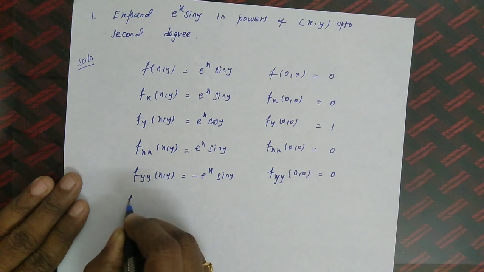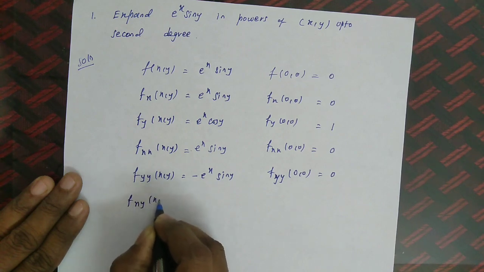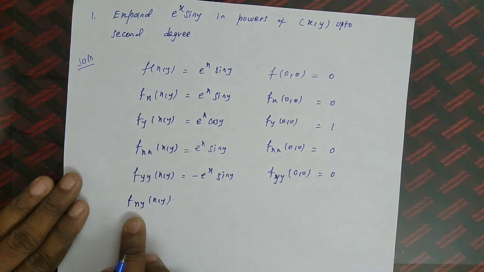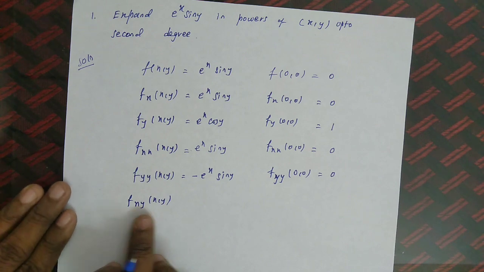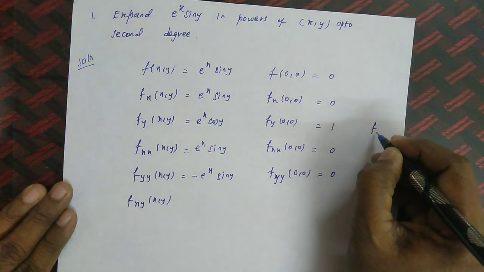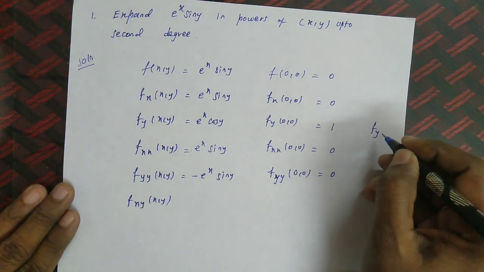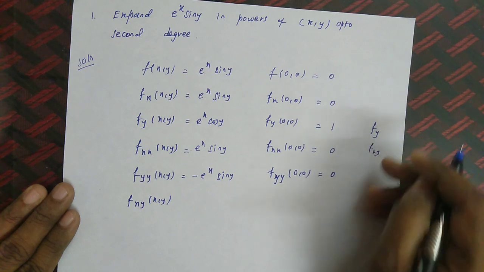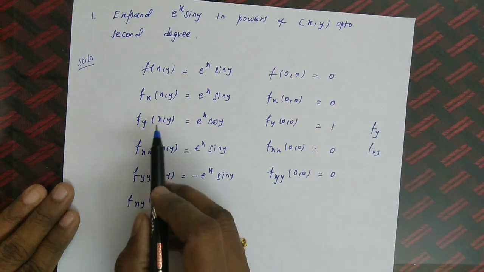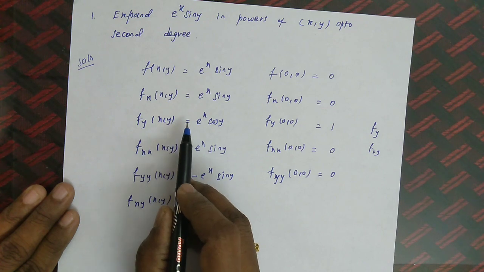Okay. Then the last one is fxy of x comma y. So what is this? This is actually the second derivative with respect to x and y. So fy, already we got fy. For this function, derivative with respect to x, so that we will get fxy. Okay. So for this only we are going to differentiate with respect to x.